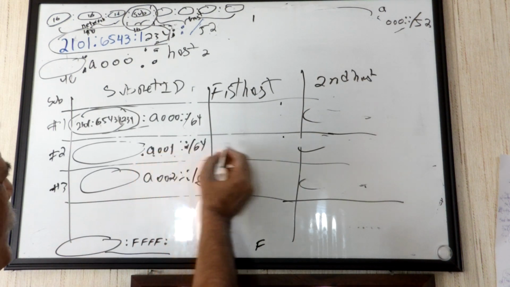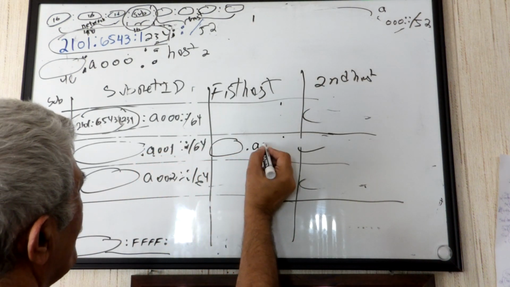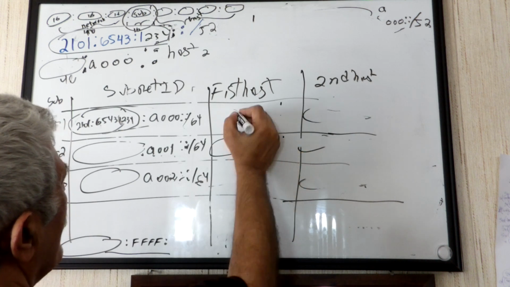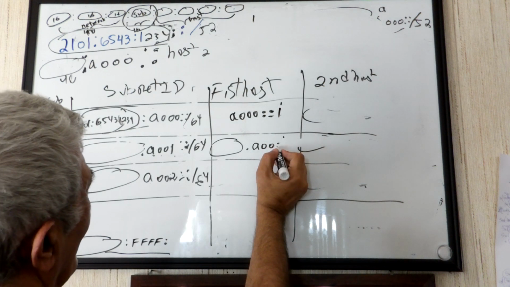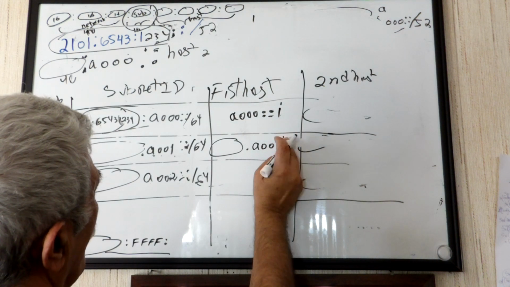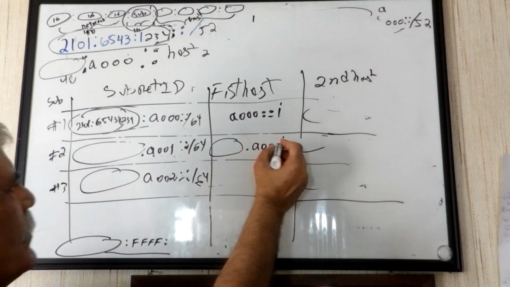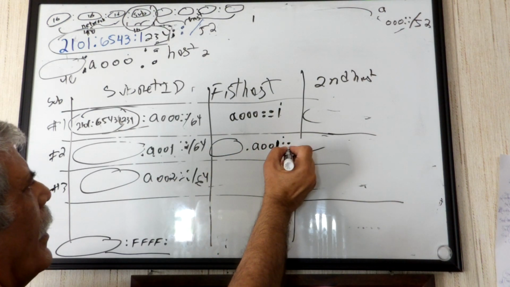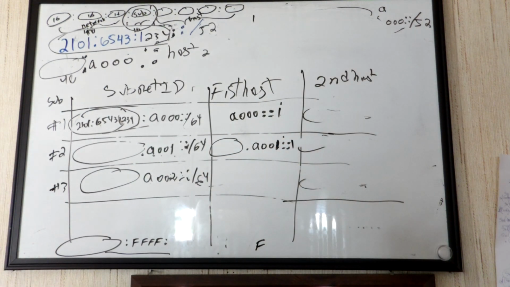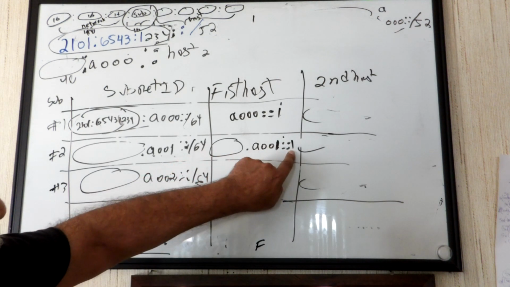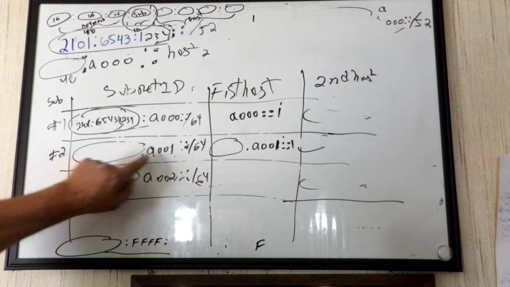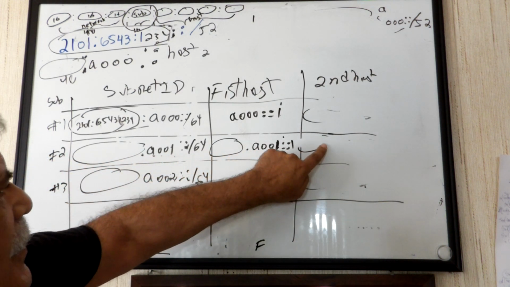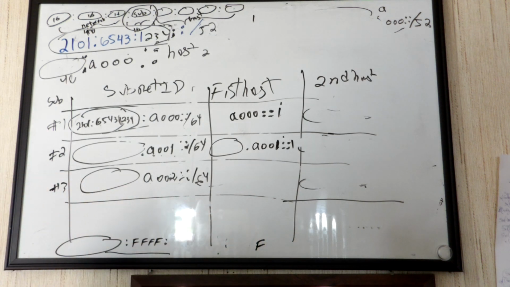You actually write the same thing here, except that this one here is going to be 1, and then you have 8011. See, they are in the same subnet, then there is going to be another 2, 3, 4, 5, 6. The host is going to be in the same subnet. Okay?